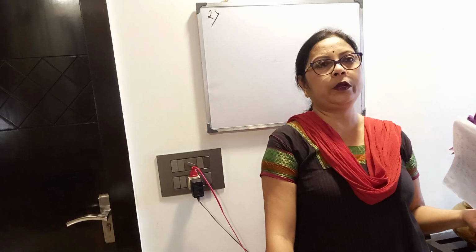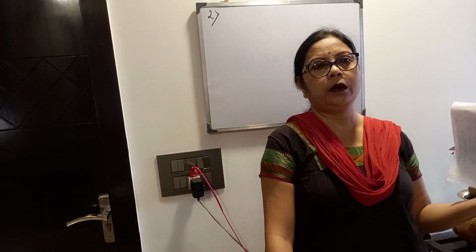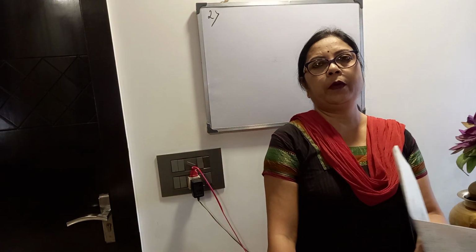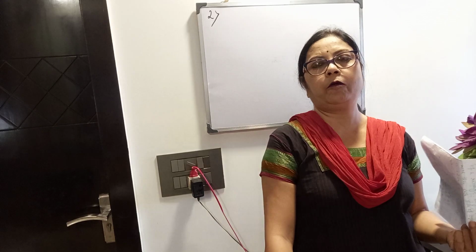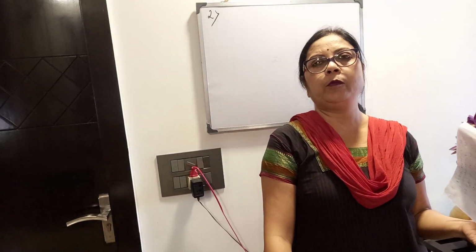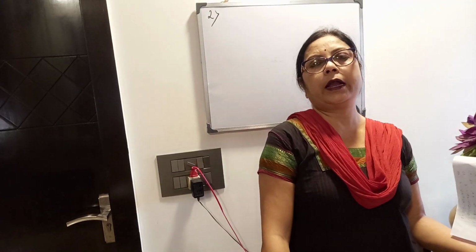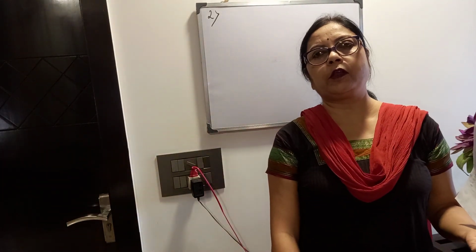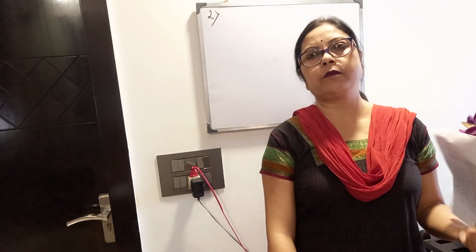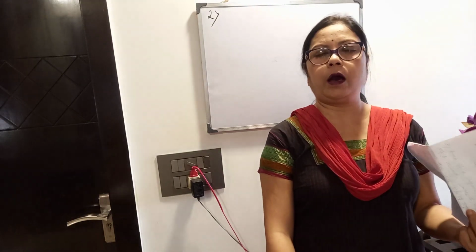Then when the boat is moving in the direction of the current, the relative speed of boat will become x plus 1 kilometer per hour. And when the boat moves against the direction of current, its velocity will decrease. Then the relative velocity will become x minus 1 kilometer per hour. Clear? You have to keep it in mind.